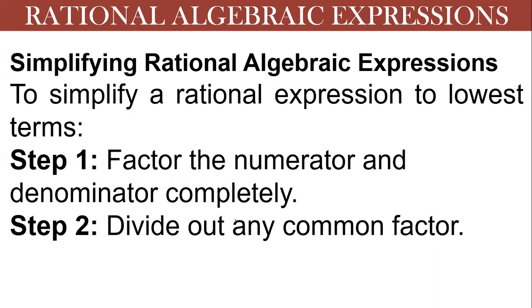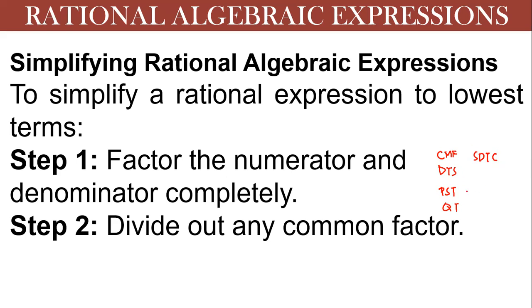Okay? Now, let's proceed with the next slide. These are the steps on how to simplify rational algebraic expressions. Step 1, you have to factor out the numerator and denominator completely. How to factor out? We can use the 5 ways I discussed to you: common monomial factor, CMF; difference of two squares, DTS; perfect square trinomial, PST; quadratic trinomial, QT; and the last one is sum or difference of two cubes, SDTC.